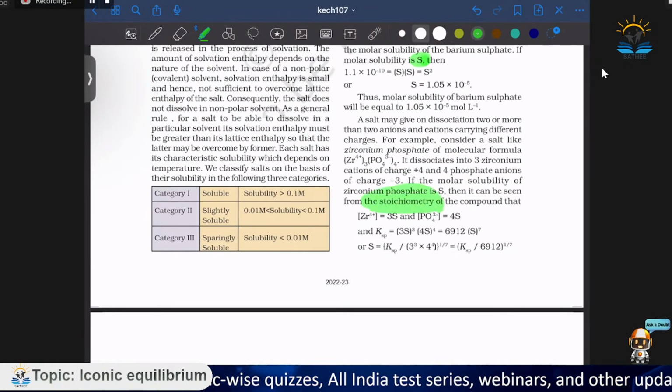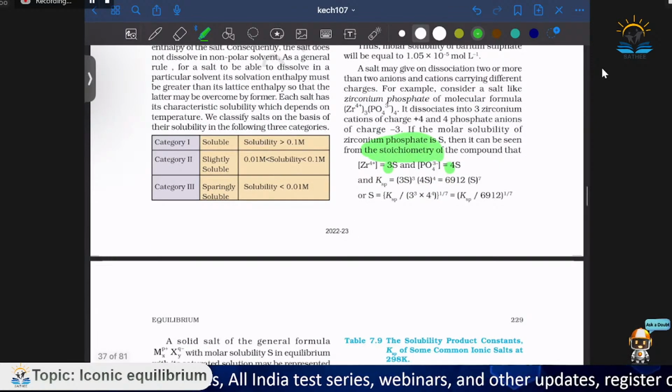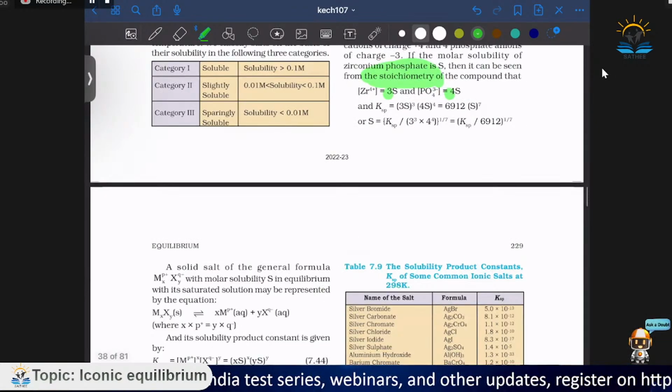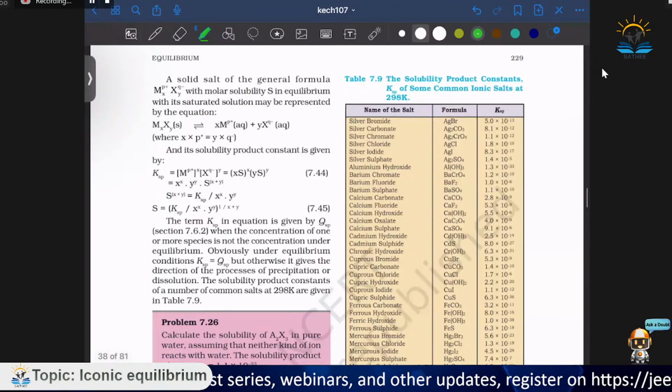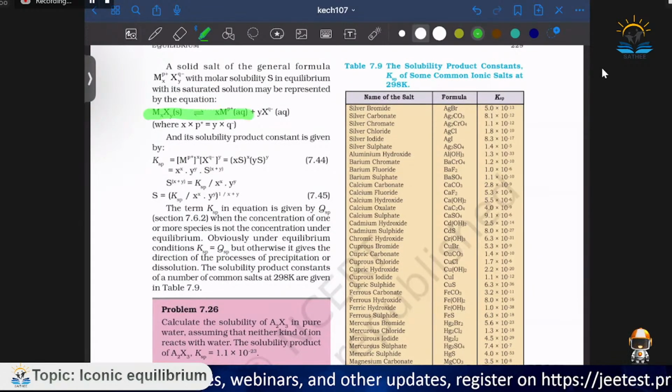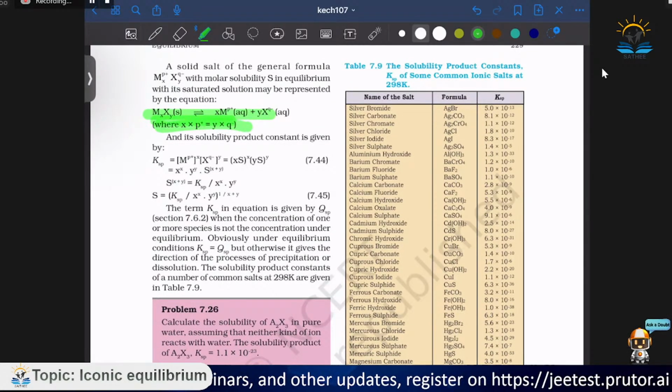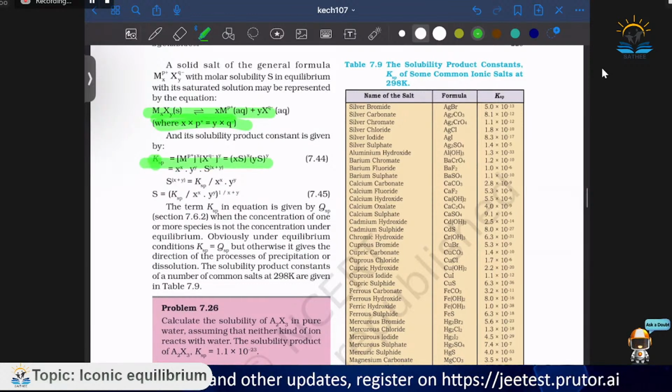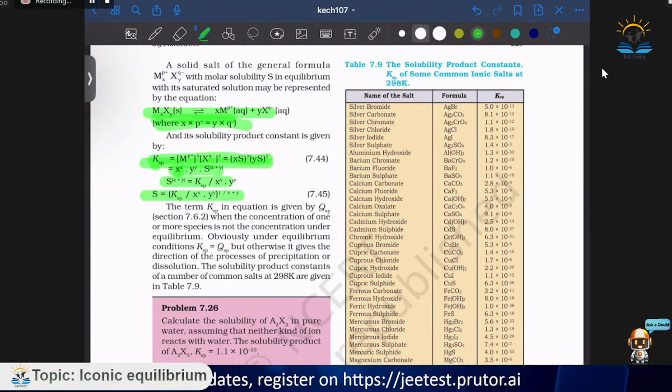Stoichiometry is really important. For some, it can be 3S, 4S, 2S, 1S. You have to remember the stoichiometric coefficients and multiply everything according to it. Great example they've given here, a small and interesting example. Just see how its solubility product is found out and how they have found out S. Just go through it, appreciate how they have done it.